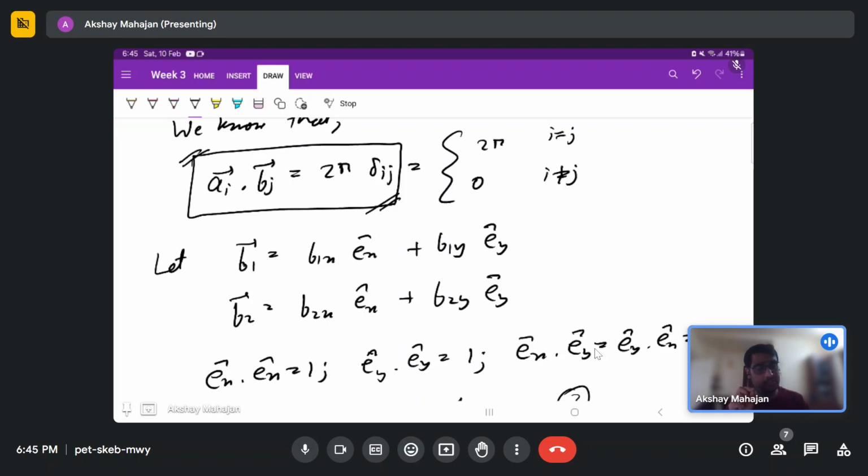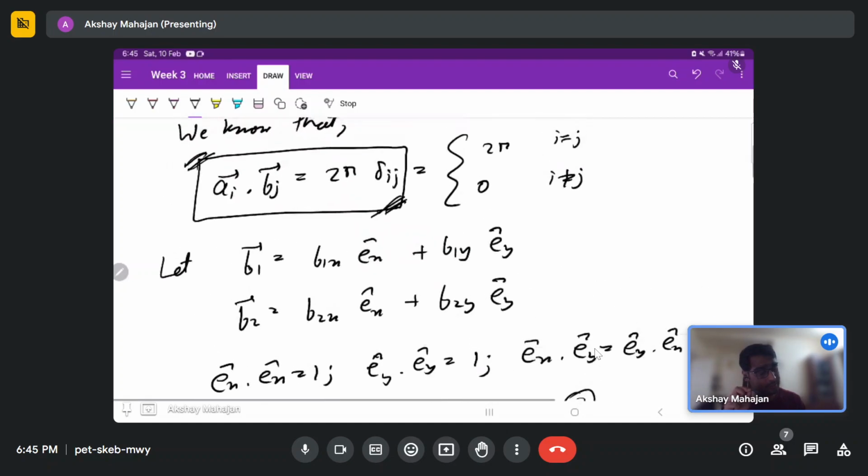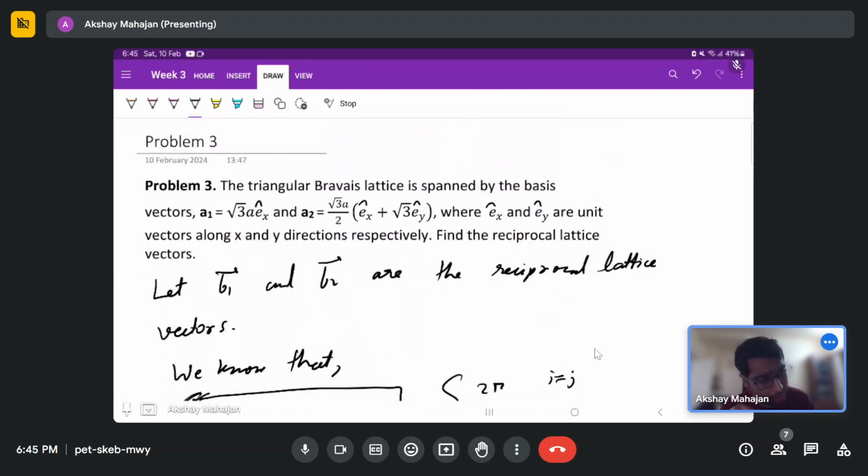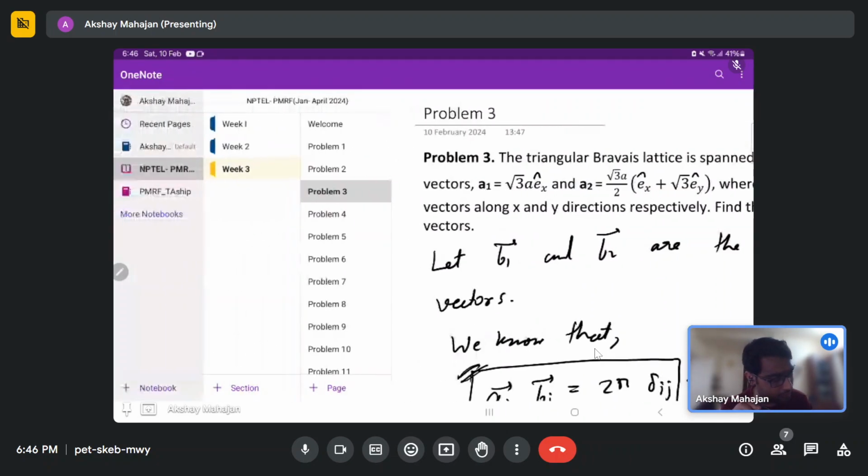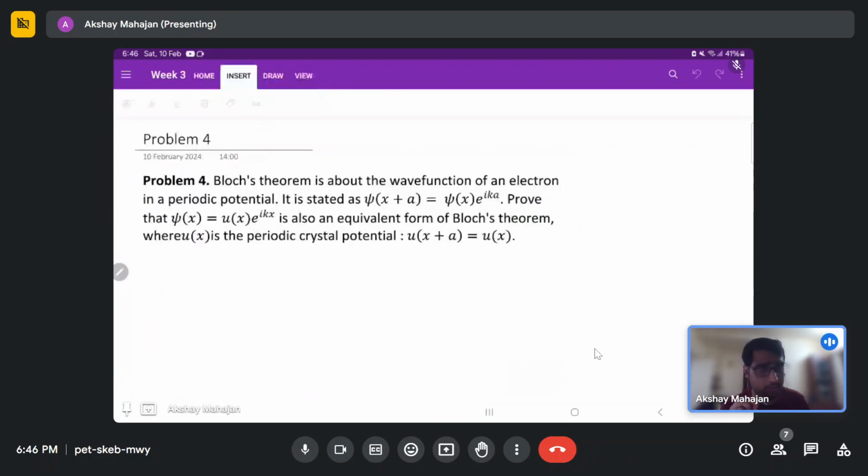For the 3D case you will have 6 variables and 6 equations, the equations you get from this relation, and you can solve them and find your reciprocal lattice vector. Or you can use the formula as well, and we will see that formula in one of the other problems. Alright, so that was problem number 3.